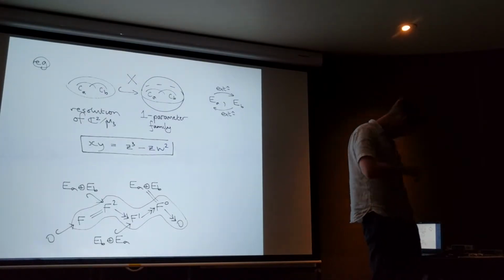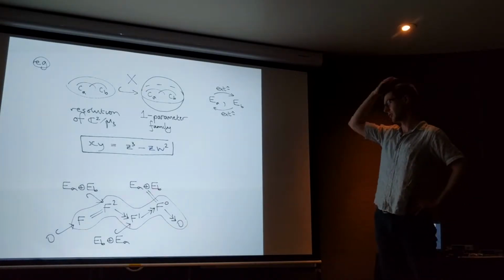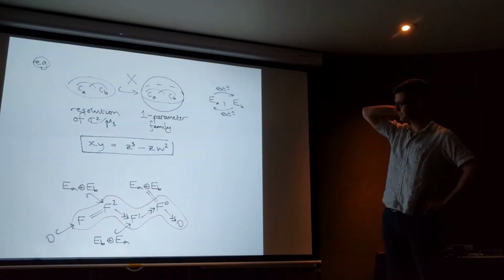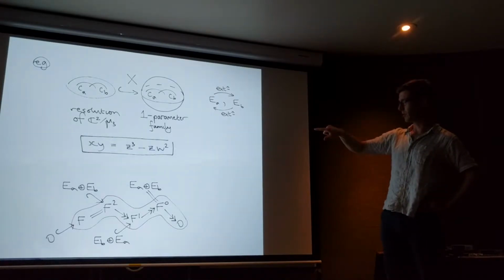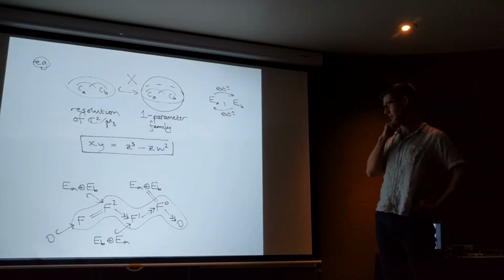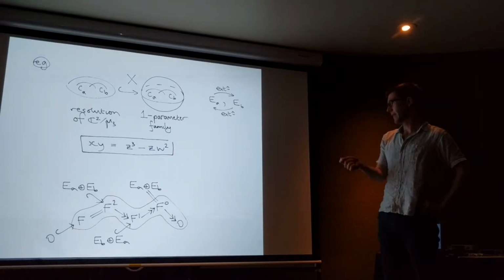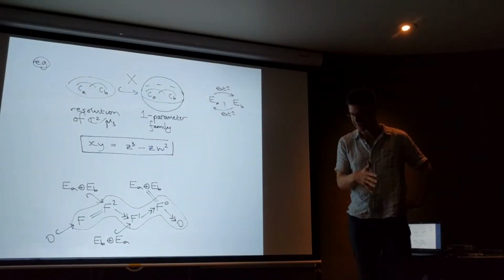So, on the left, the resolution of that quotient singularity. The equation of the singularity is xy equals z cubed, and I add the last monomial zw squared to give a generic deformation of this surface singularity.